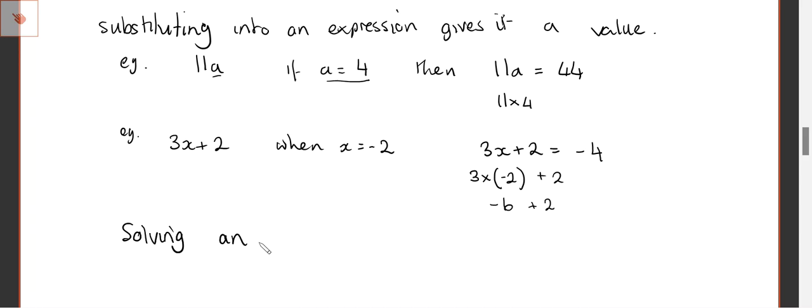Solving an equation finds the value. I will write something.